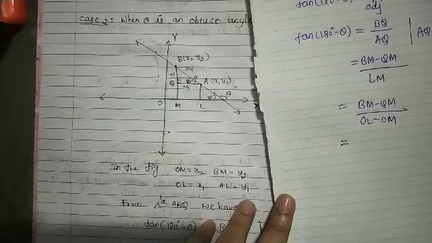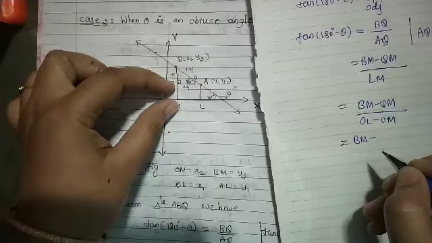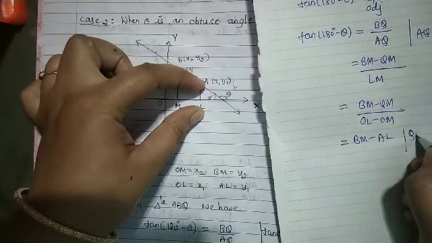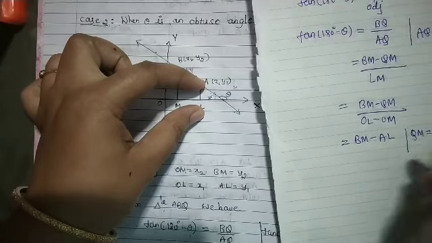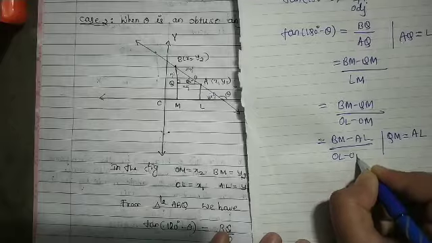So this is equal to BM minus, what is distance QM? QM is the same as distance AL, divided by OL minus OM.